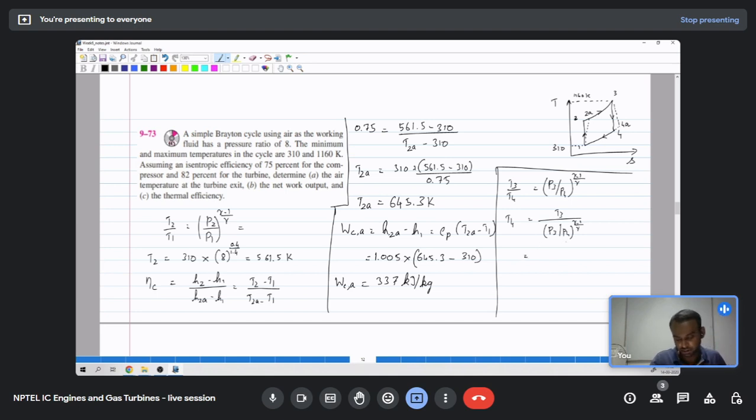Here T3 is known, that is 1160 given in the problem, and P3 by P4 is 8, with the power 0.4 by 1.4.